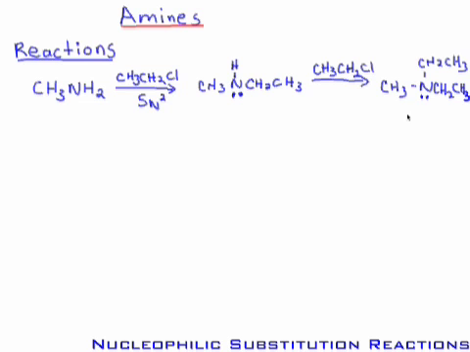One last thing is that it can happen again. And note the base is becoming more and more substituted, so it becomes a poor nucleophile. However, with the primary halide, you may get reaction. It'll be slower to react, but it could react.